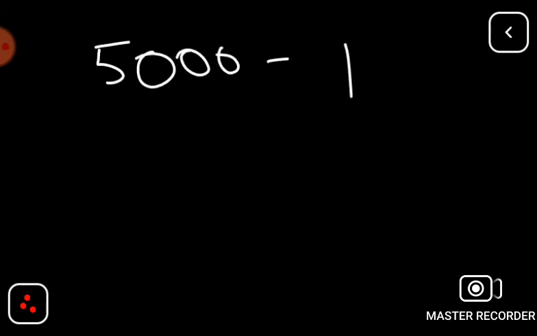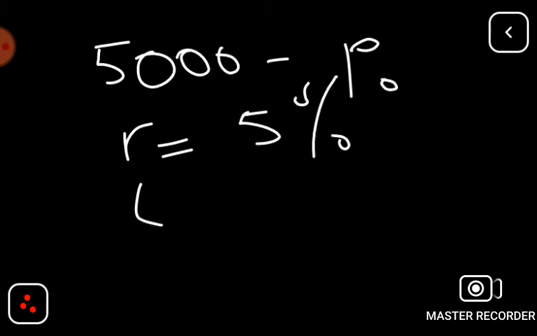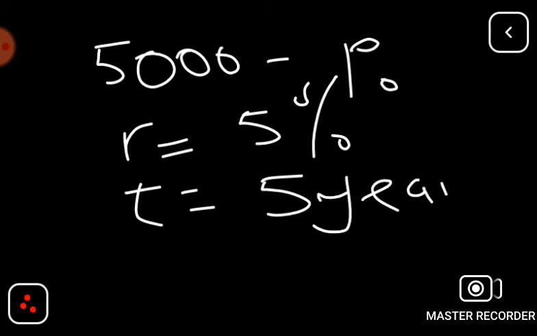We have 5,000 as our present value. If you put this 5,000, your interest rate will be compounded continuously. The rate is still 5%, time 5 years. How much will you have after 5 years?